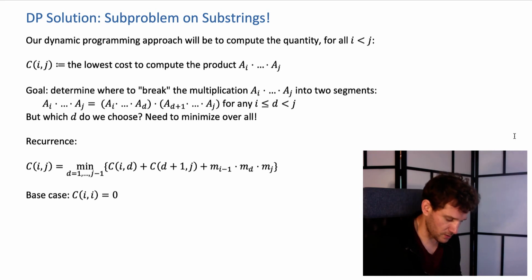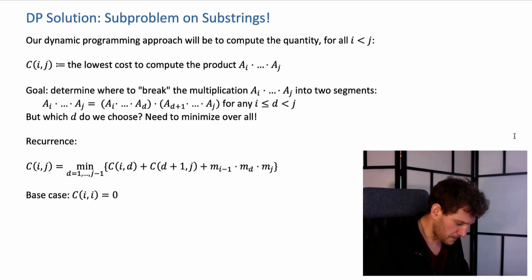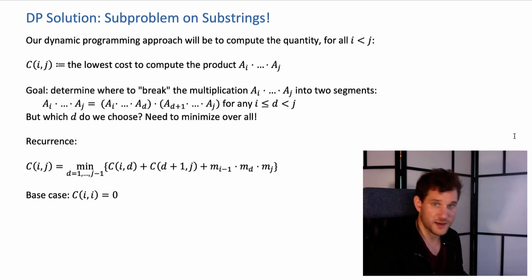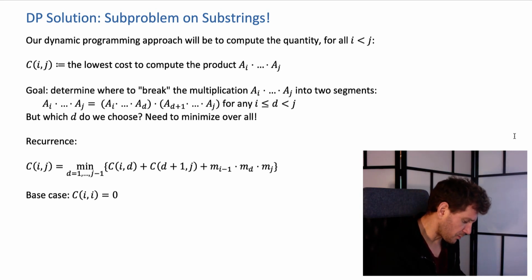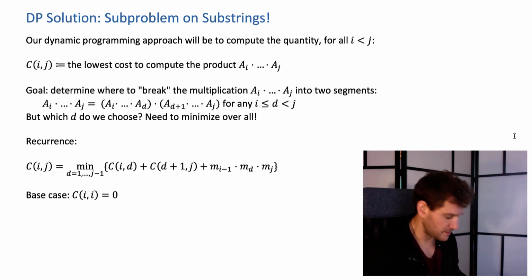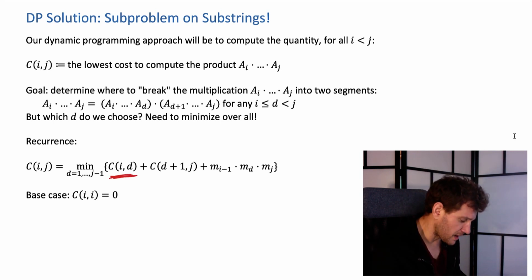So in this case, the recurrence is relatively straightforward, right? To solve the C i j subproblem, we first have to pick a segment d, which is where we're going to split the problem up. We're going to find a way to multiply the first i through d matrices, and also optimally multiply the d plus 1 through j matrices together.